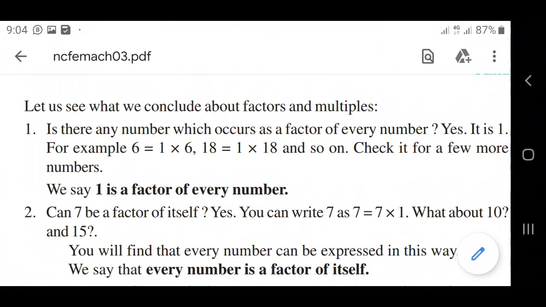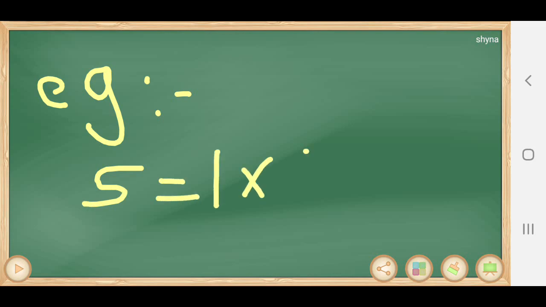Second one, every number is a factor of itself. Below that you write example: 5 equal to 1 into 5.